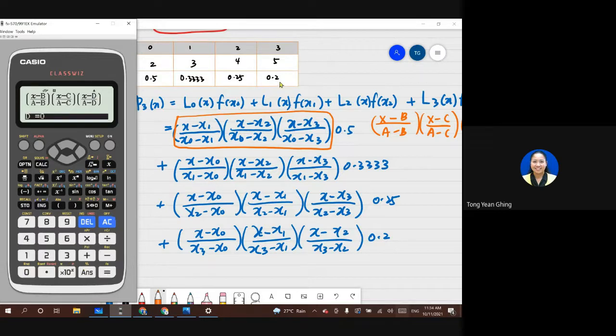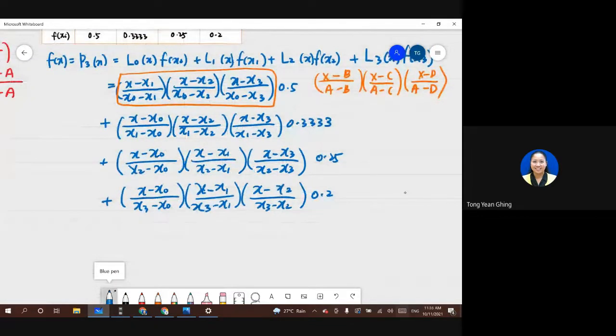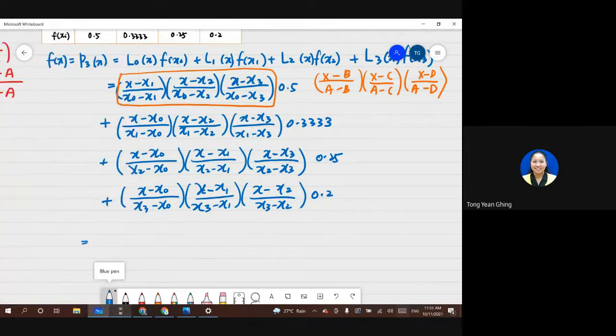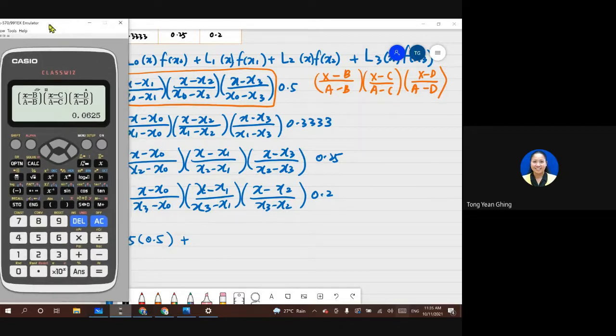And then d is x3, which is 5. Okay, so I get this value is equal to 0.0625 times with 0.5 plus.